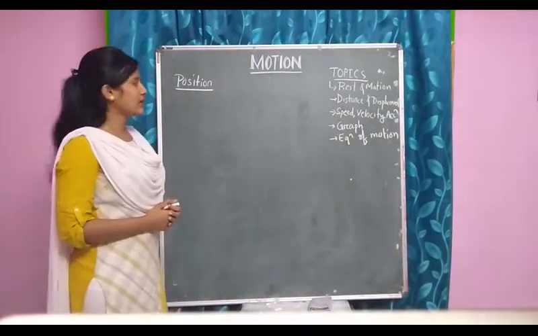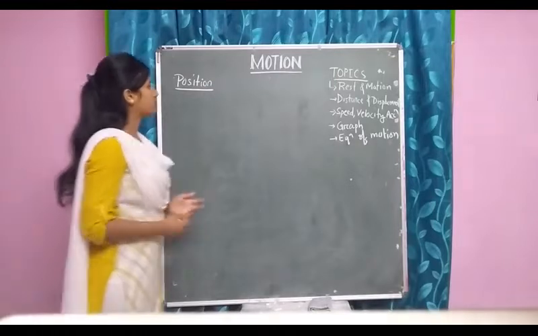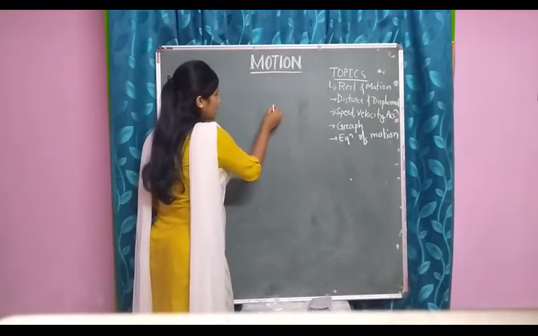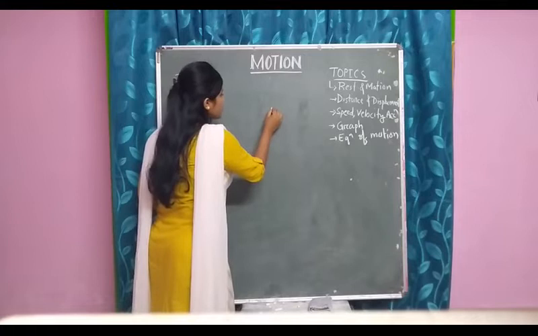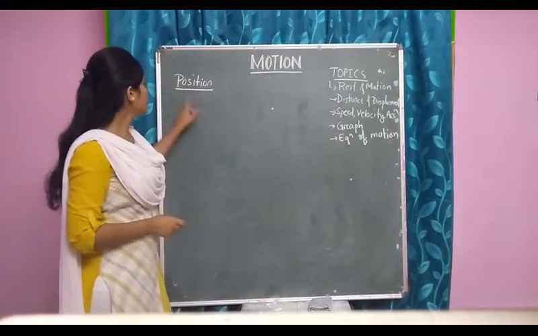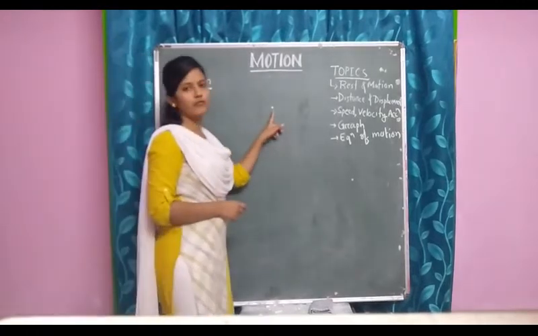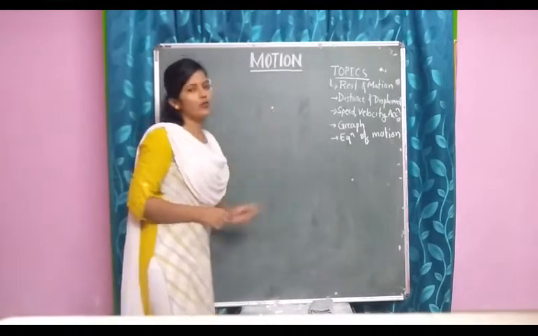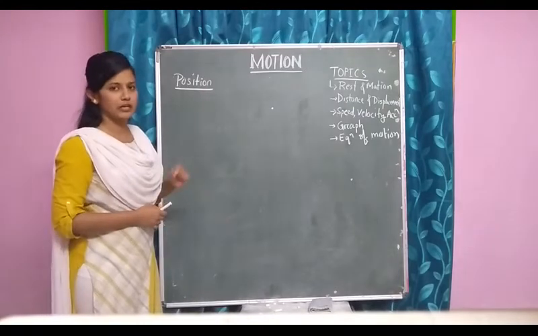Suppose we take an example of an ant. Suppose there is an ant and its position is at this point. So in order to define the position of this ant, we have to go for the frame of reference.